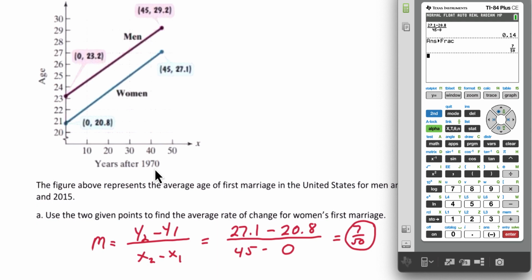And we're curious about what's happening in 2030. So how many years after 1970 is 2030? If we want, we can just throw it in the calculator. 2030 minus 1970, and we get 60 years. So 60 is the x that we want to use.